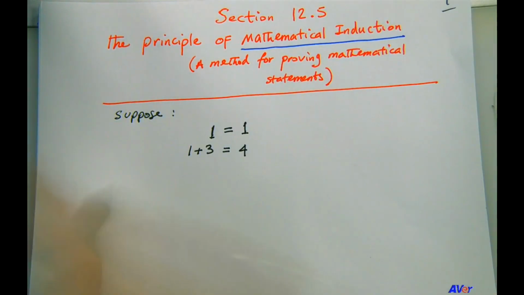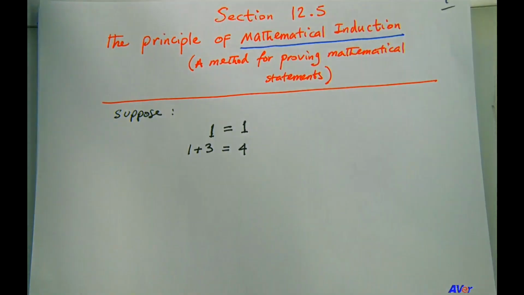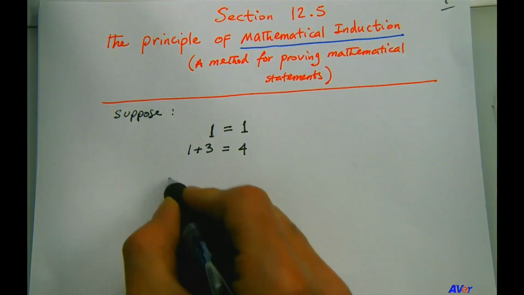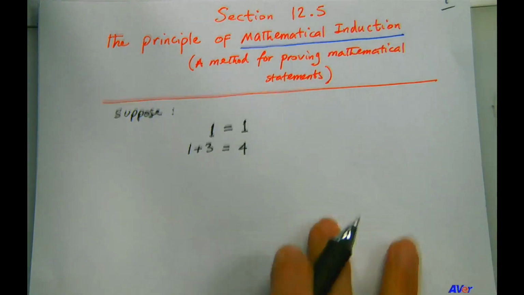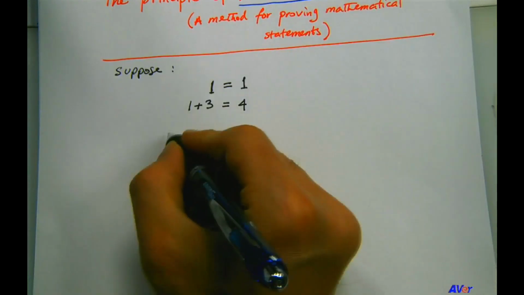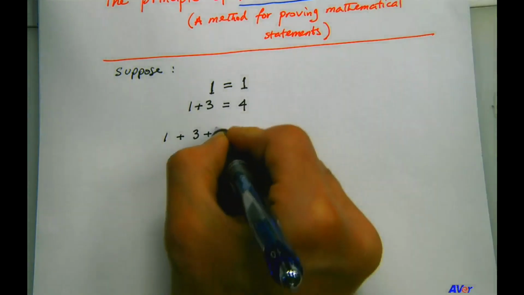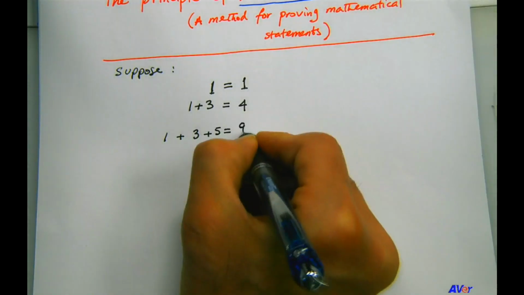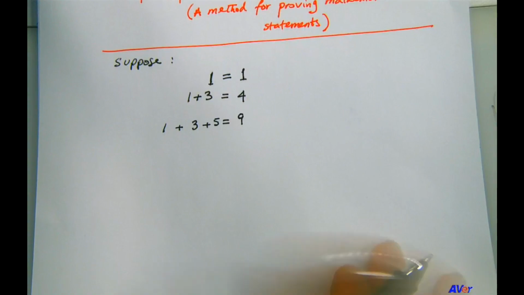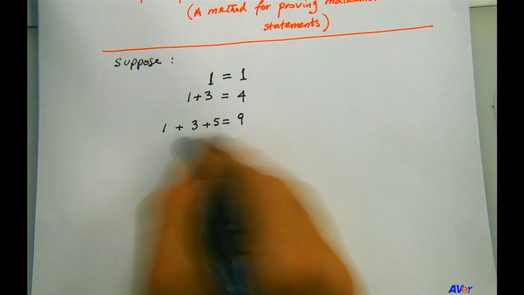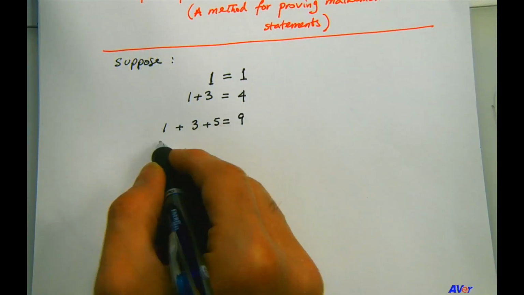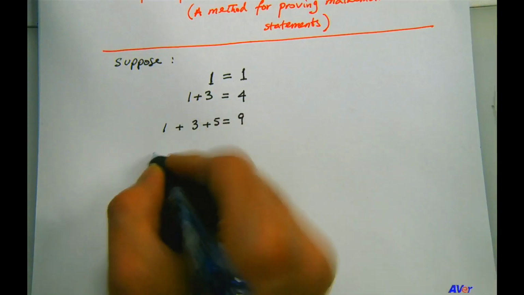Okay, this is also clear. Then let me take this one step further and say that 1 plus 3 plus 5 equals 9. Okay, and so that's again pretty clear and obvious to everyone. Nobody would argue with that.